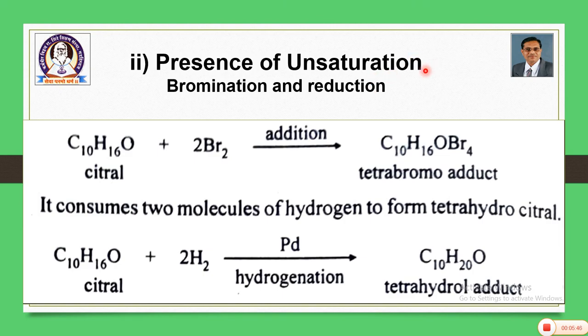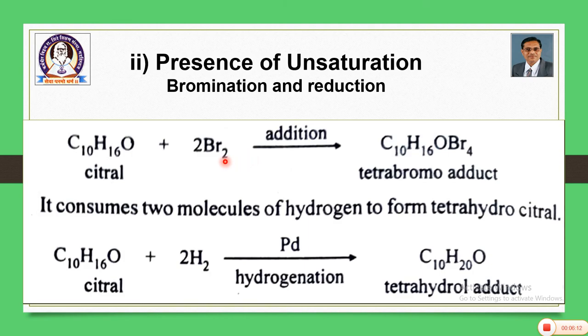Presence of unsaturation is confirmed by bromination and reduction. See the sentence once again. Presence of unsaturation is investigated by bromination and reduction. Citral undergoes bromination, addition of bromine. If a compound undergoes addition, then it is unsaturated.